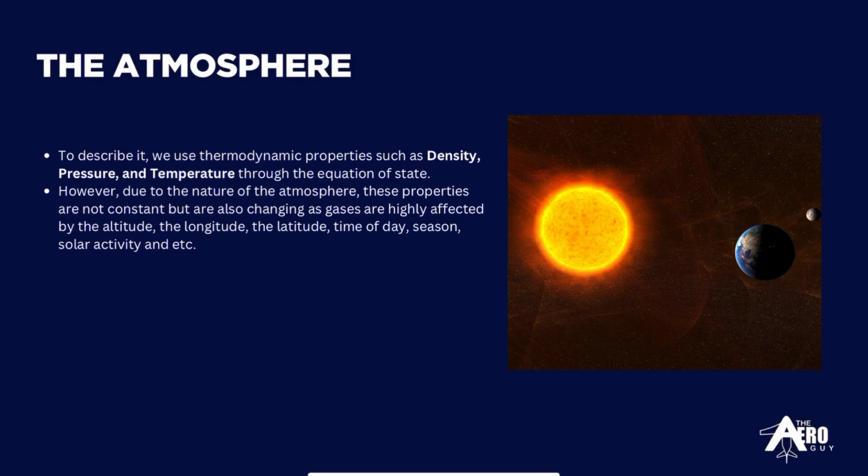Due to the nature of the atmosphere, these properties are not constant, but are also changing, as these gases are highly affected by the altitude, the longitude, the latitude, time of day, season, and solar activity.